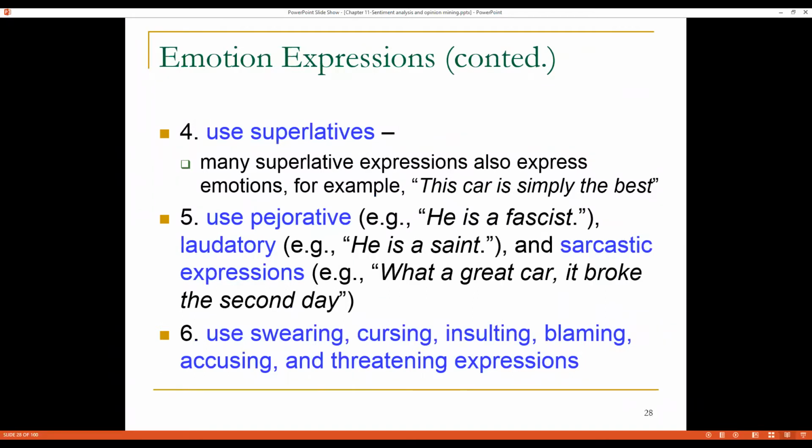Many superlative expressions also express emotions. This car is simply the best. They can also use pejorative, laudatory, and sarcastic expressions. They can also use swearing, cursing, insulting, blaming, accusing, and also threatening expressions.